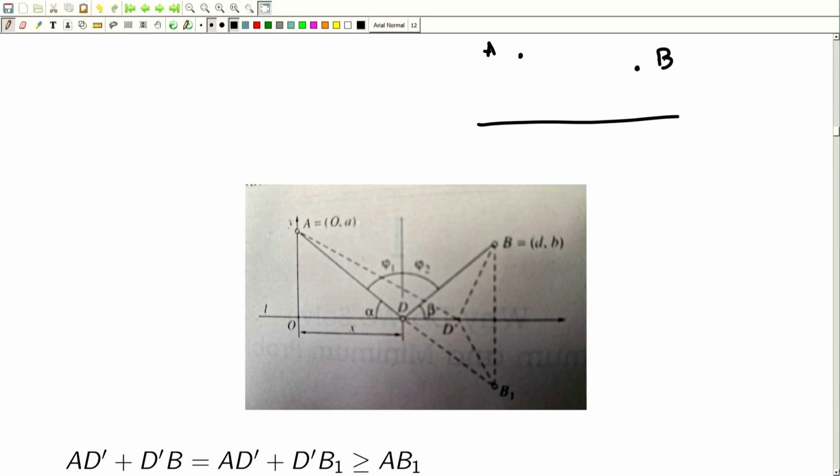What one does is extend the perpendicular to the line L and come up to B prime such that this is equal to this. Now you join A B prime, and this is where you will get the point D.